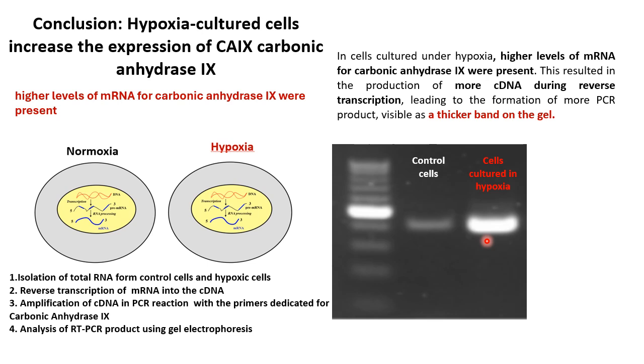So it means that in the cells cultured under hypoxia, oxygen-deprived environment, higher levels of mRNA for carbonic anhydrase 9 were produced, and it resulted in the production of more cDNA during reverse transcription, more cDNA particularly for carbonic anhydrase 9, and it led to the formation of more PCR product once the primers were dedicated for cDNA of carbonic anhydrase 9.